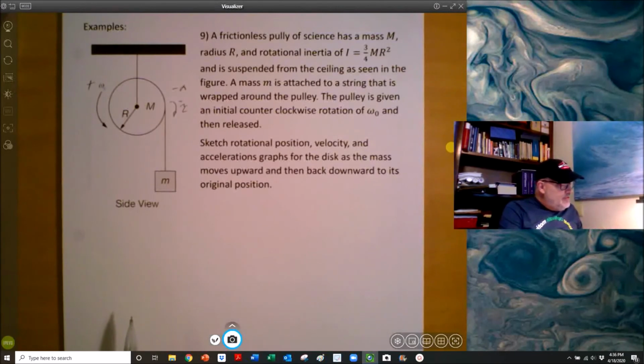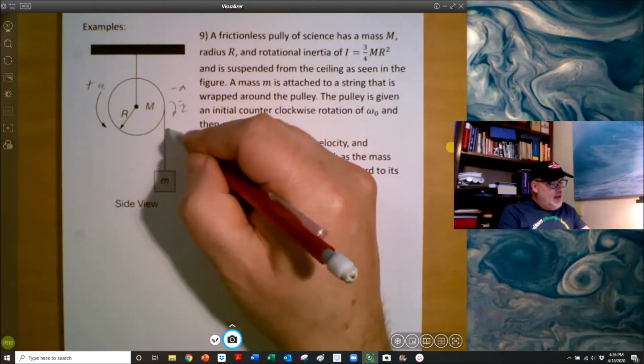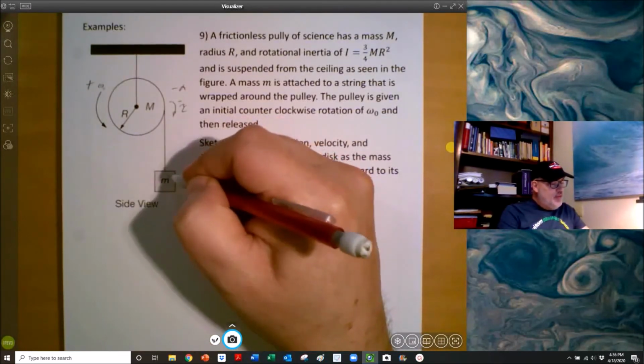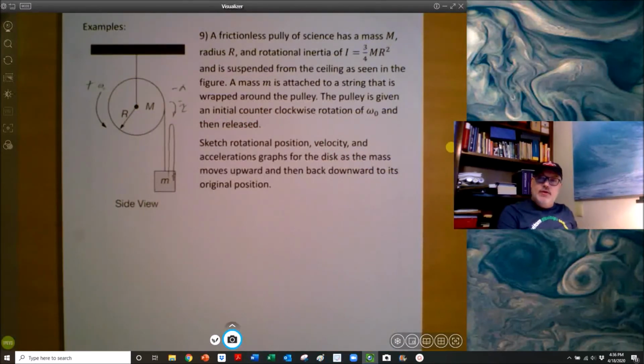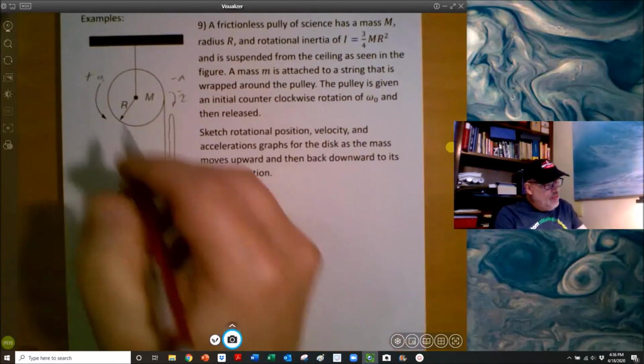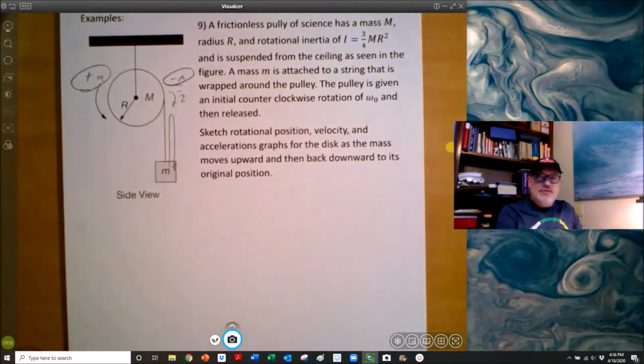Now, they want us to sketch the position, velocity, and acceleration graphs for when this mass goes up, stops, and then comes all the way back. So it's going to go up, slowing down, and come all the way back to where it started. So the key thing is we have an initial velocity and a negative acceleration.